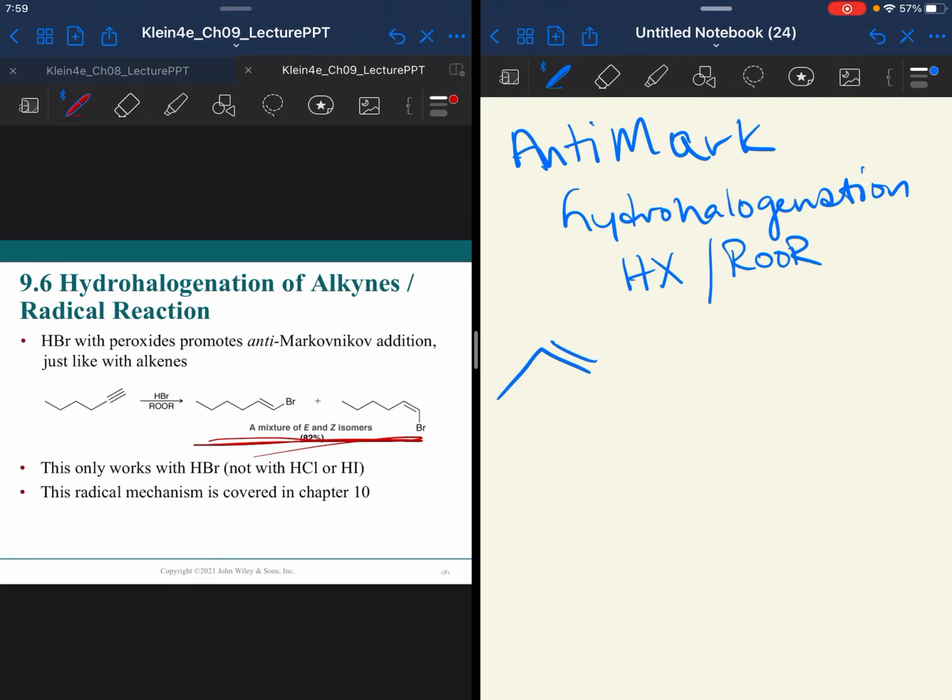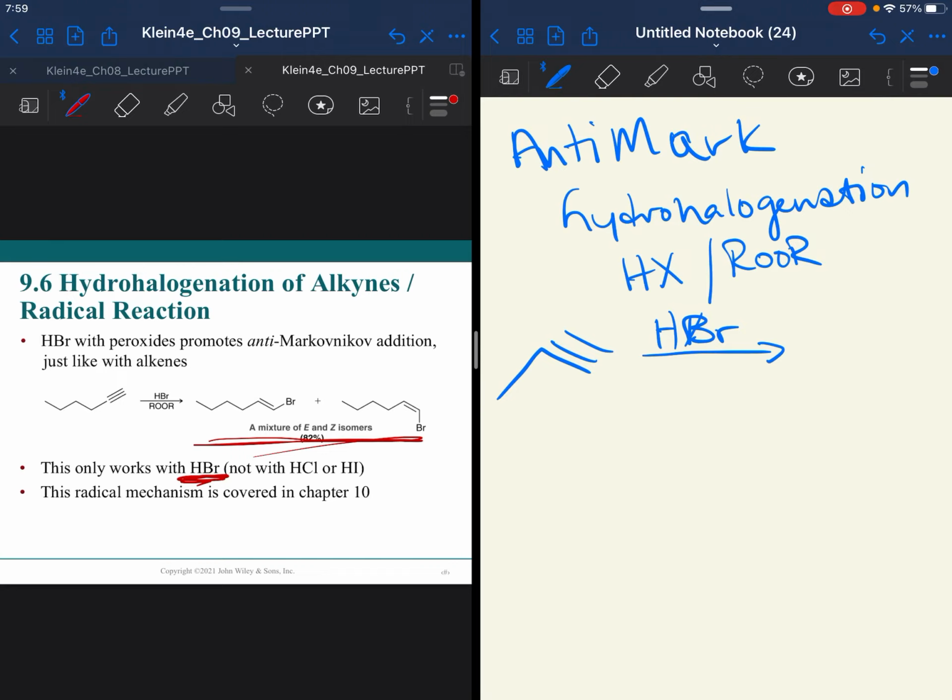So if we start off again with our alkyne, and it will either be bromine or chlorine. Iodine doesn't work well here. It will only be bromine. So let's not even put in X. Let's just put in HBr. Iodine doesn't work as well in a lot of reactions. In this case, chlorine doesn't either. We're going to see that again in chapter 10. You will notice I use bromine a lot more than the other halogens.